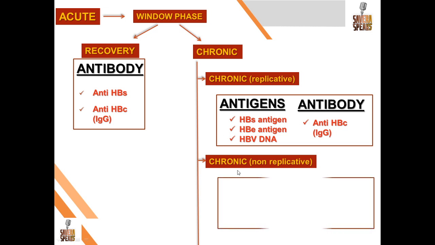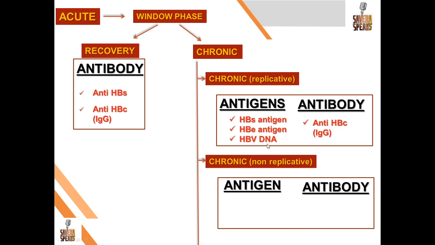In the chronic non-replicative type, since this is non-replicative and these two antigens are responsible for replication, they will be negative and their antibody will be positive. So the only antigen that is present in chronic non-replicative type is HBs antigen, and the antibody will be anti-HBc IgG as well as anti-HBe.